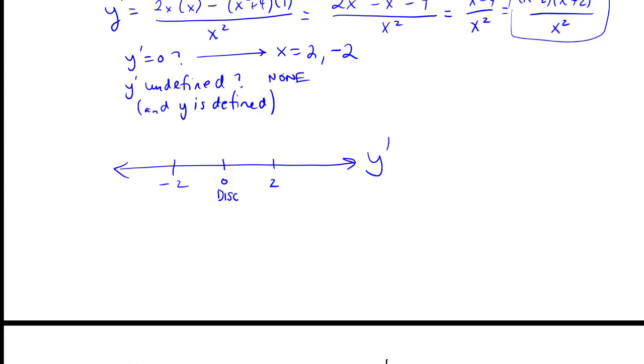It is not a critical number, but I have to consider it because it might break up some intervals of where things are happening. So the idea is I'm trying to make all these intervals where the derivative is only positive or only negative on that interval, so I have to include anything like a discontinuity as well.